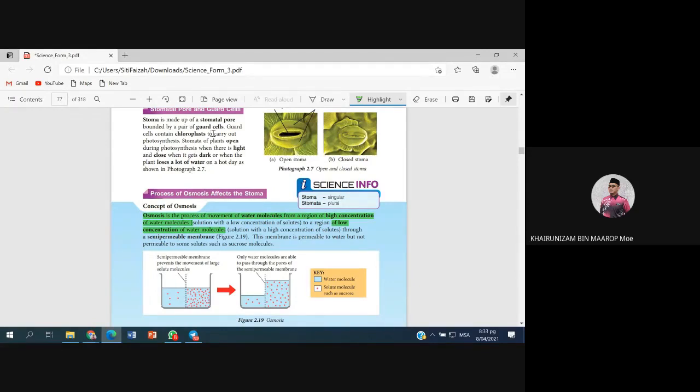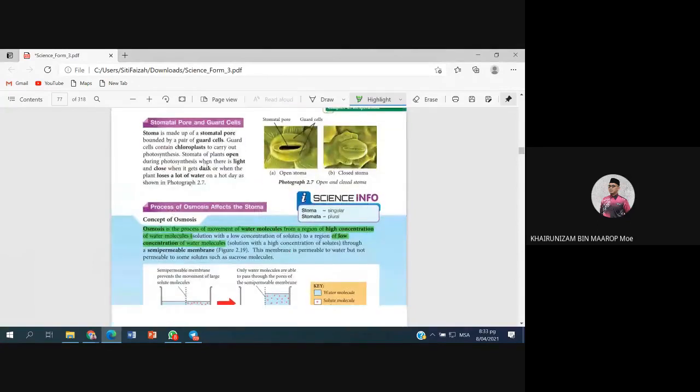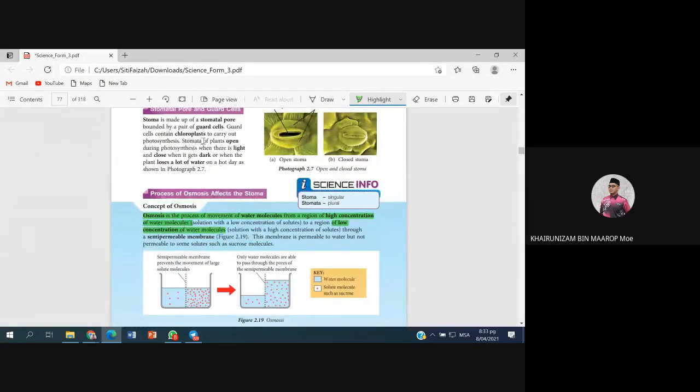If you look at this one, gut cell contain chloroplasts to carry out photosynthesis, and the stoma of plants open during photosynthesis process, because of the light, and because the plant want to perform photosynthesis process.